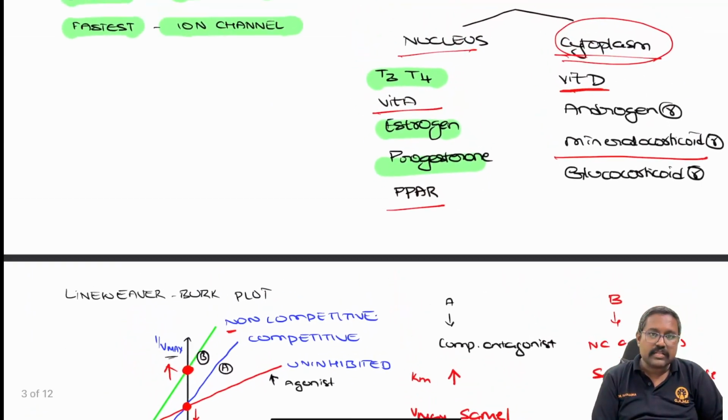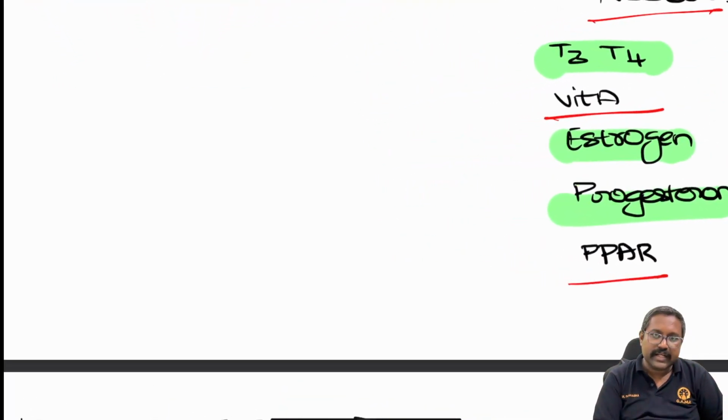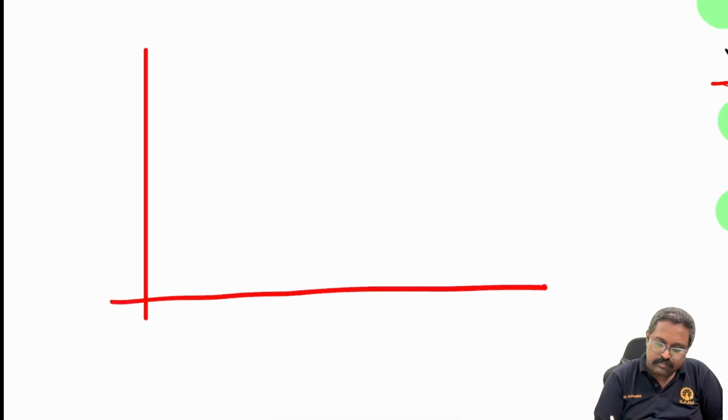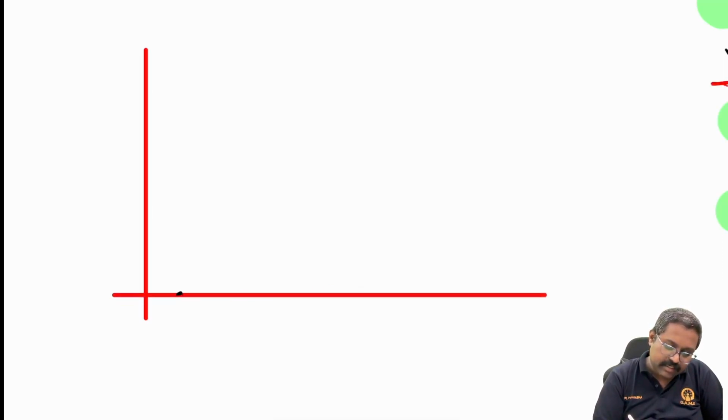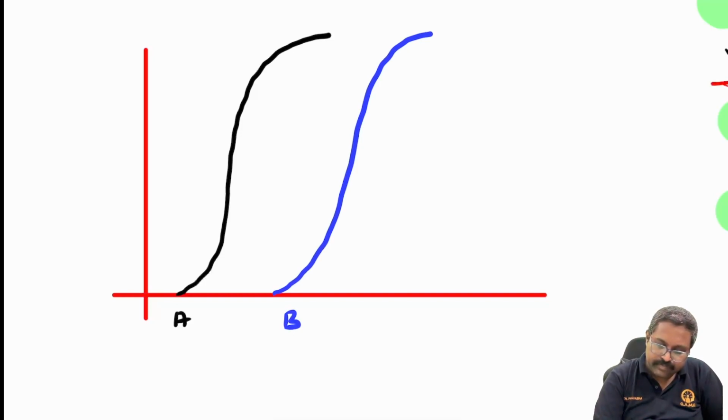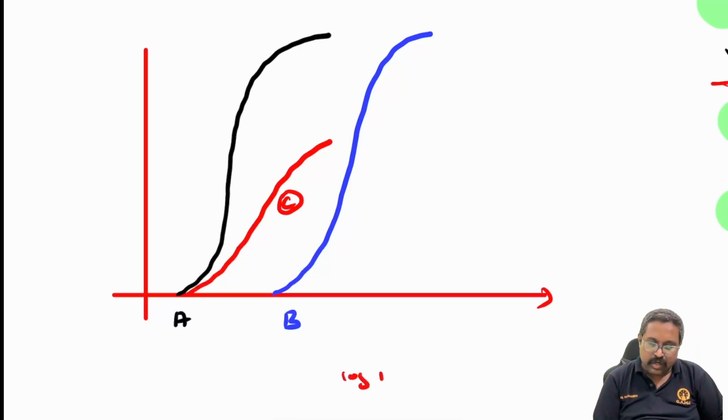So how to plot this? Let us draw a diagram here. So when you plot this, let us say this is the drug, and this is A, this is B, and this is C. Same thing, this is the log dose response curve, and this will be the response.